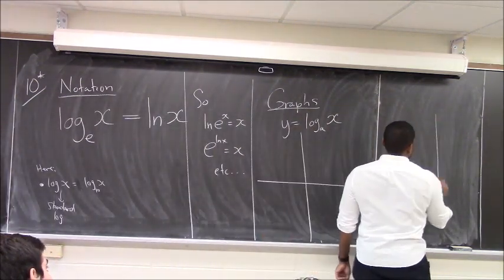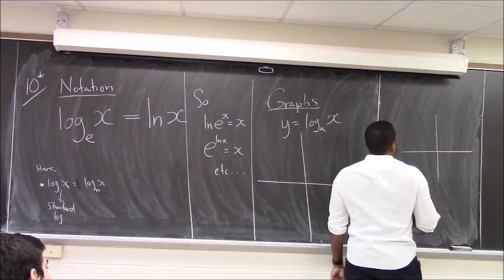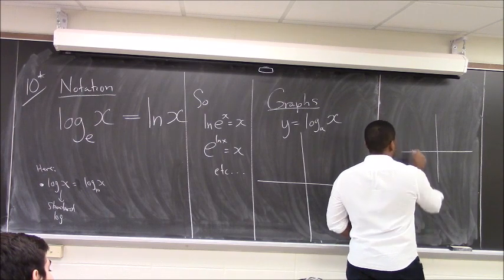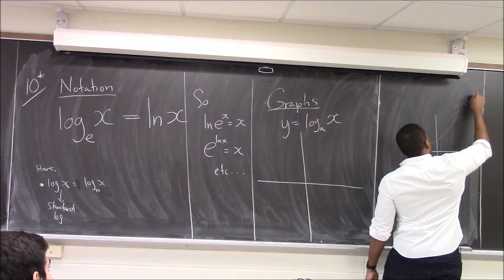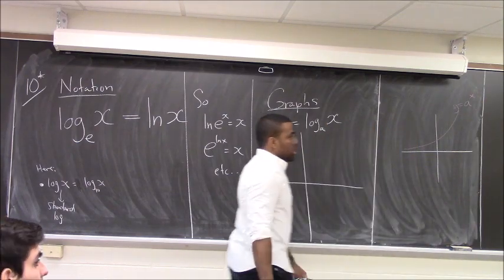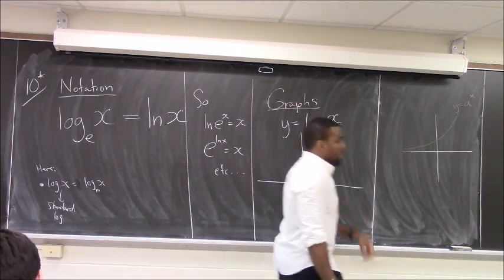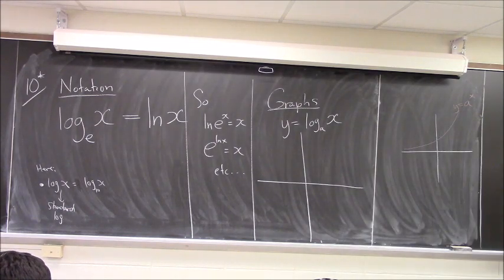So here, let's say we have that guy. This is y equals a to the x. Right? Knowing that log to the base a of x is the inverse of that guy, what do you think its picture will look like? How do you get the picture of an inverse function if you know the graph of the original function?